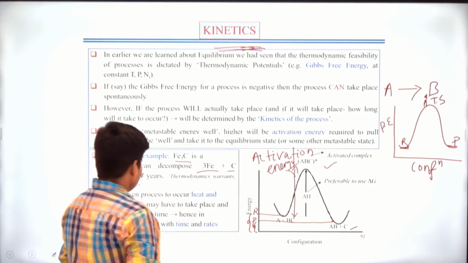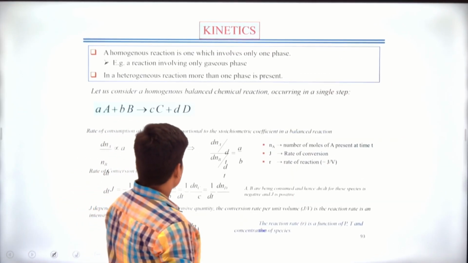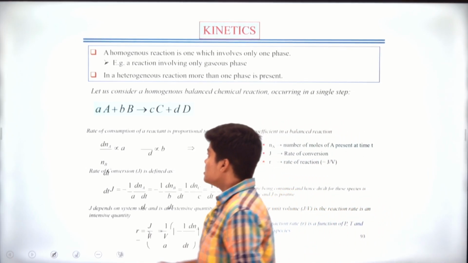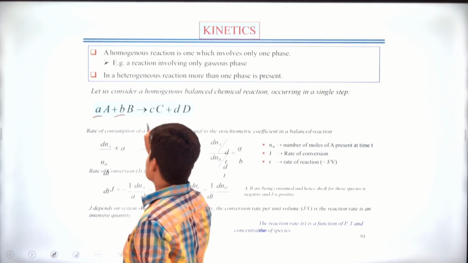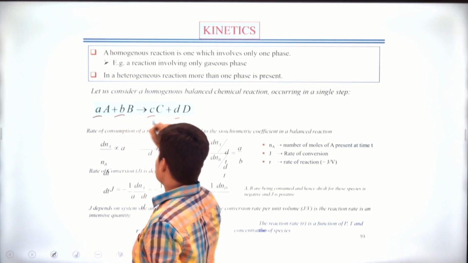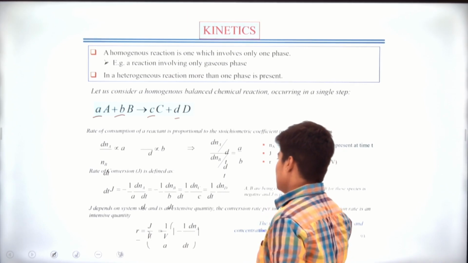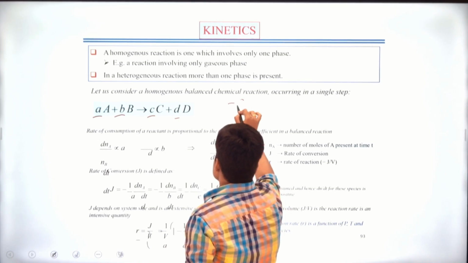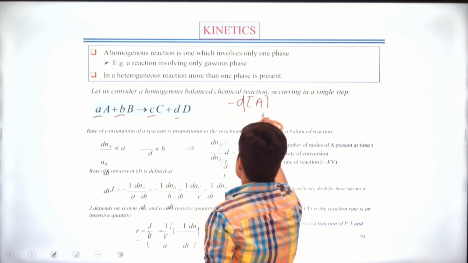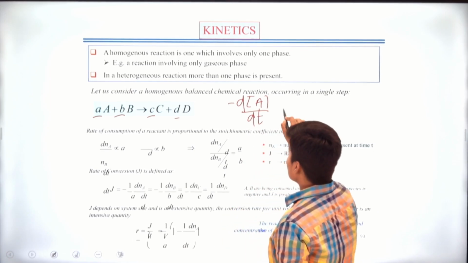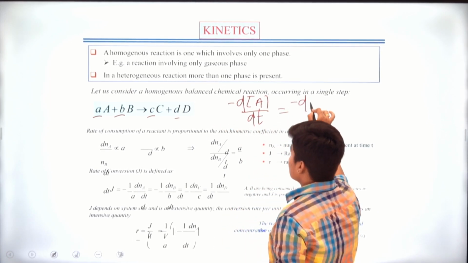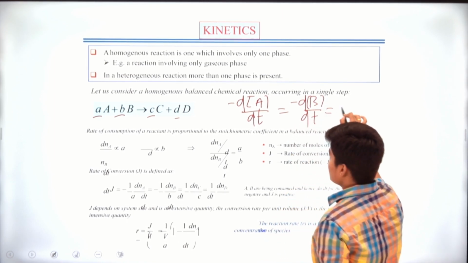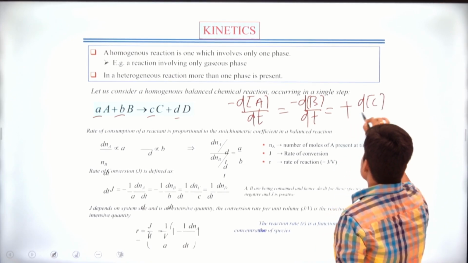From kinetics we can take one example. Let aA plus bB give cC plus dD, where small a, b, c and d are the coefficients. Here it is the reactant and here the product, and we consider the rate of conversion, the rate of product formation, that is minus dA by dt, minus dB by dt, which will be plus dC by dt.